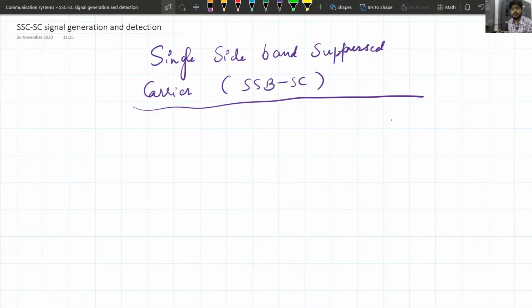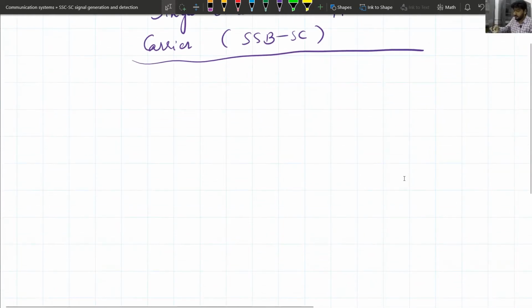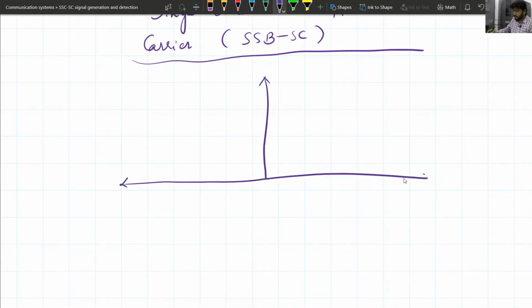Now, when we studied the limitations of amplitude modulation, we saw that amplitude modulation is wasteful of bandwidth. Let's take the case of the double sideband suppressed carrier signal.